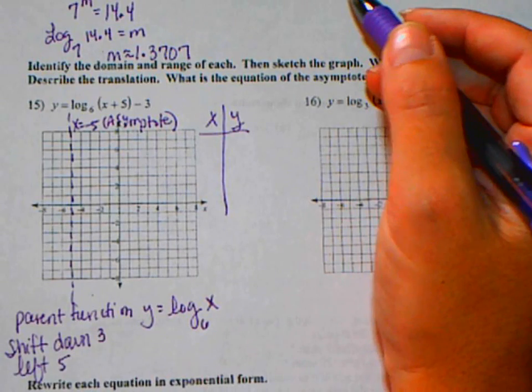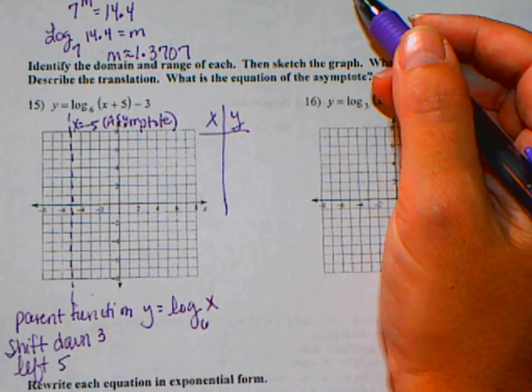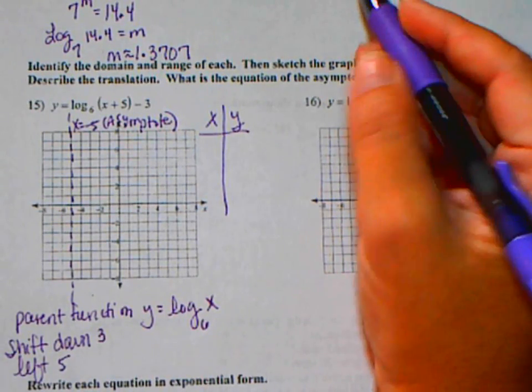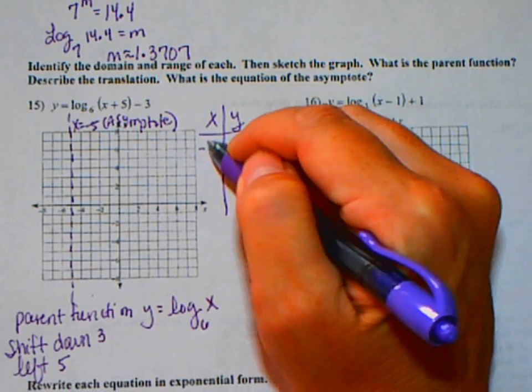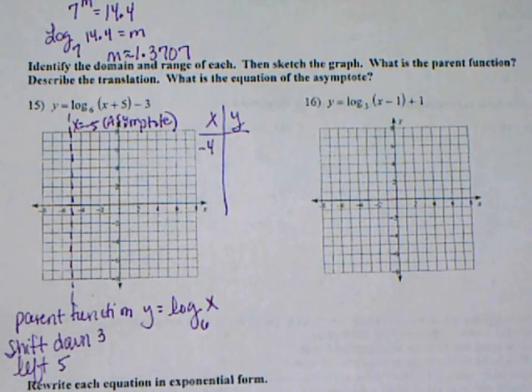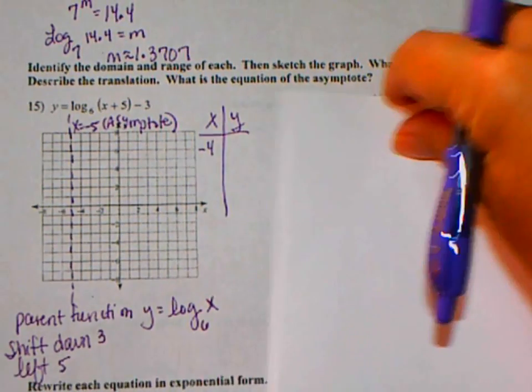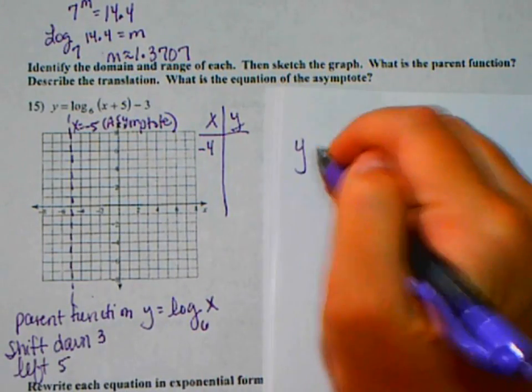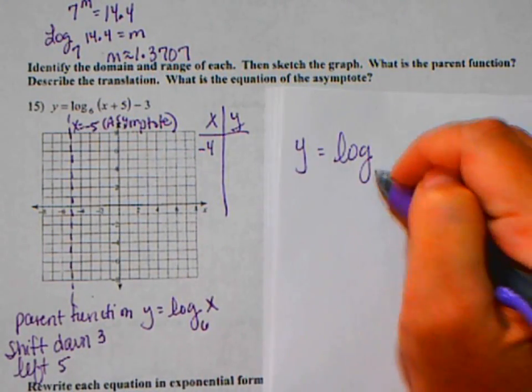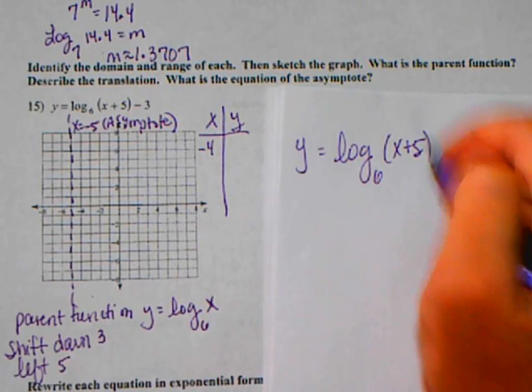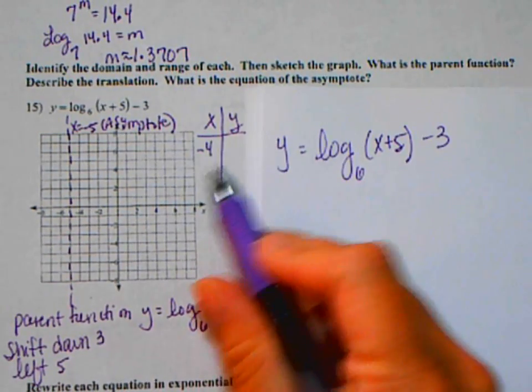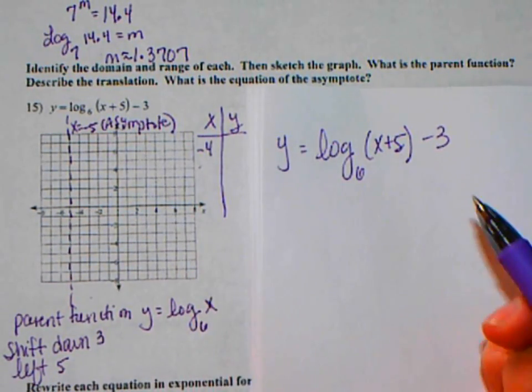So let me plug in -4. I'm probably going to need some extra paper to show you this. So y equals log base 6 of x plus 5 minus 3. So I'm plugging in an x of -4.